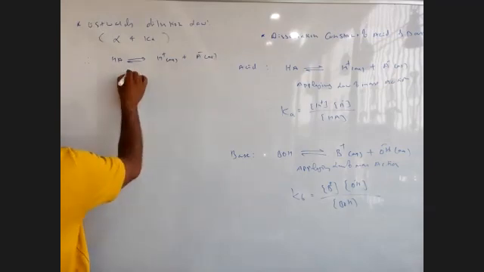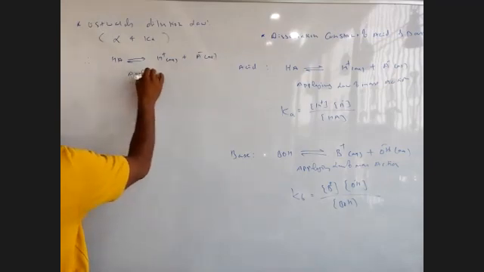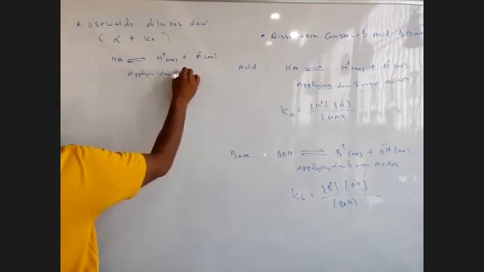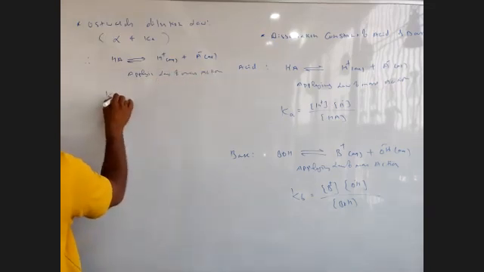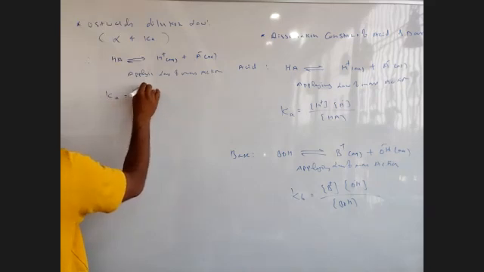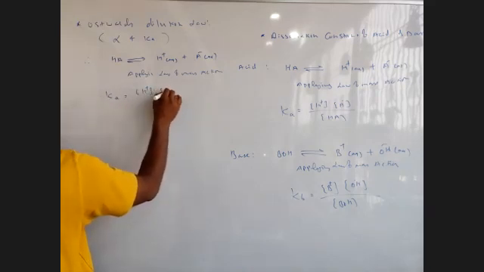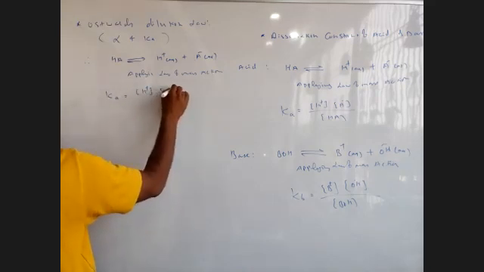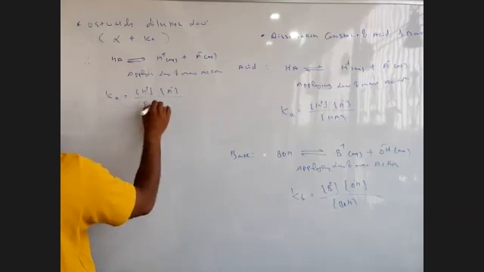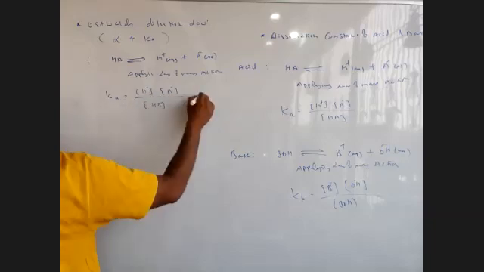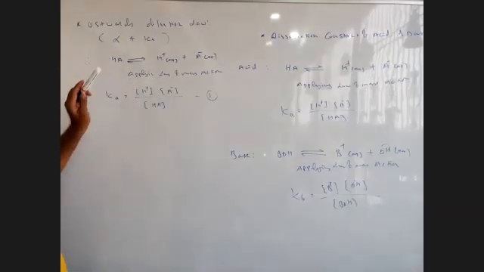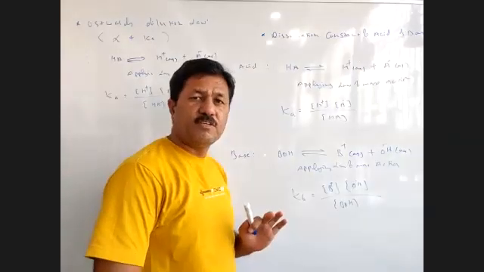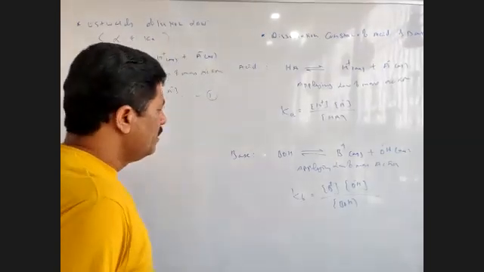Same step, applying law of mass action, what we get here is Ka equal to the concentration of H plus into the concentration of A minus upon the concentration of HA. This is equation number 1. Clear? Up to here, I think nobody has any doubt.